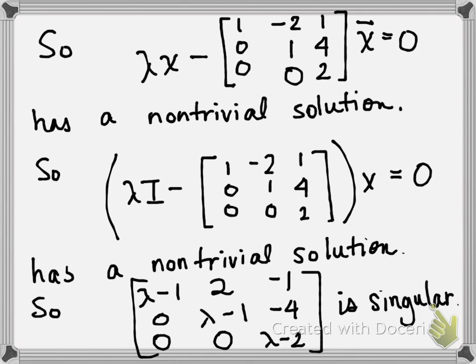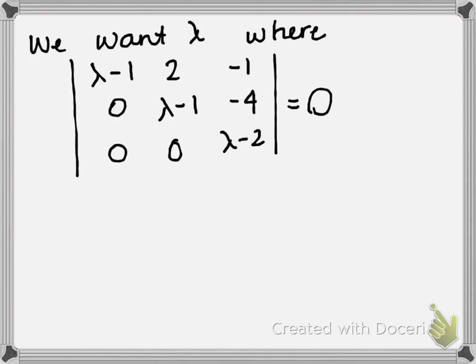That's the only time when we get a non-trivial solution there. So we want a lambda that makes that matrix singular. So how do we know if we have a singular matrix? It happens exactly when the determinant of the matrix is 0.